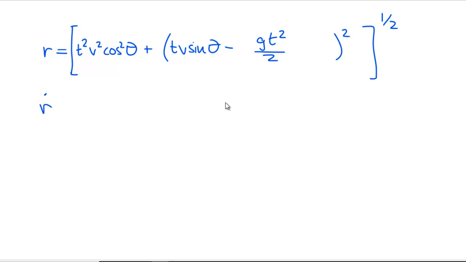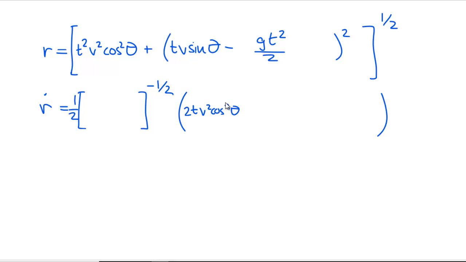Wowzers. Okay, so r dot is going to be, good grief, everything in that bracket. I'm not writing it out again, to the minus a half, multiplied by a half, and then we need to multiply by the derivative here. So that would be 2t v squared cos squared theta.